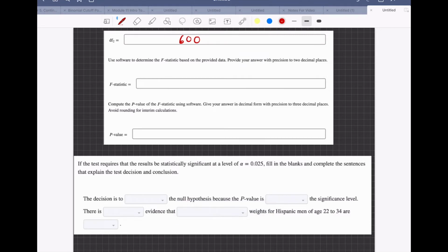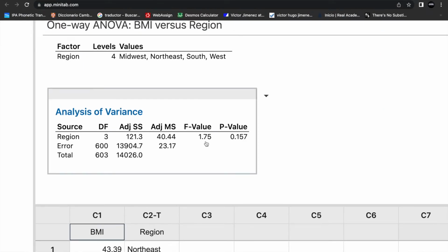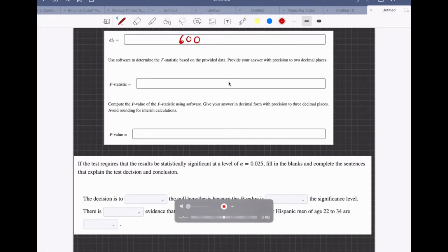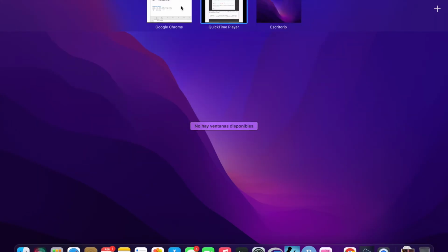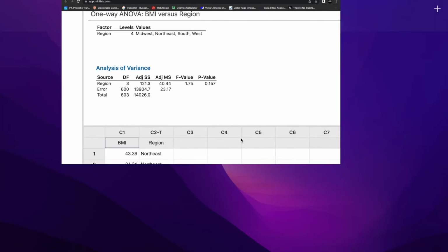The F statistic, you can see it here, F value 1.75. And the p-value, by now, it is computed in the table. In one example later, we're going to see how to compute it when we have only the F observed. It is 0.157, so it's given here.